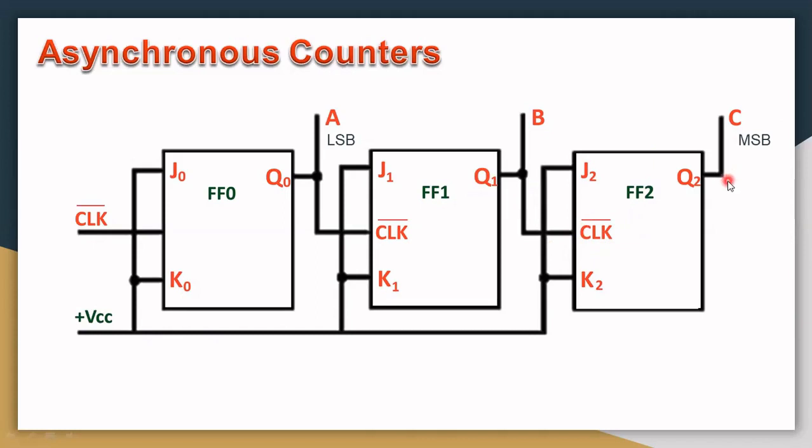And the final outputs are C, B, A. That is Q2 as C, Q1 as B, and Q0 as A. Remember, C is the most significant bit and A is the least significant bit. So, when we convert it into a binary number, it's not A, B, C. We call it C, B, A, from left to right.